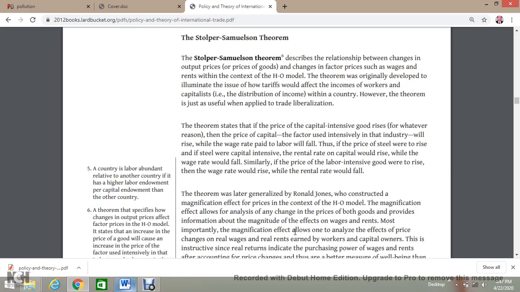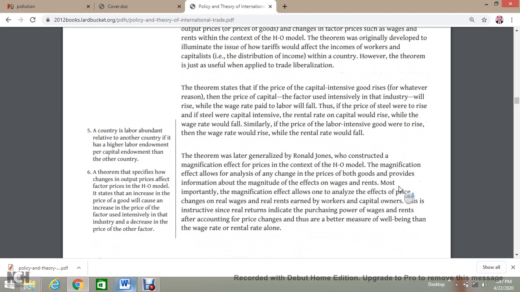So there will be less demand for capital, and the rent paid to the capital machineries will decline. So this is the theory.